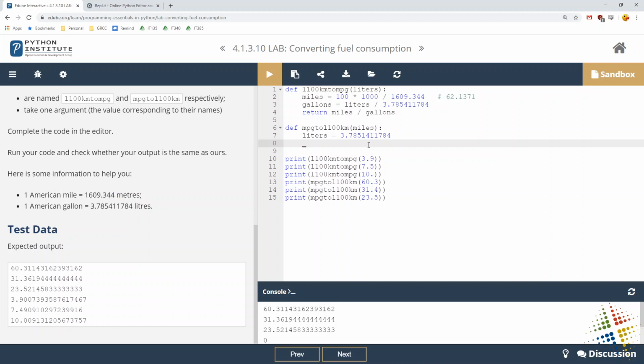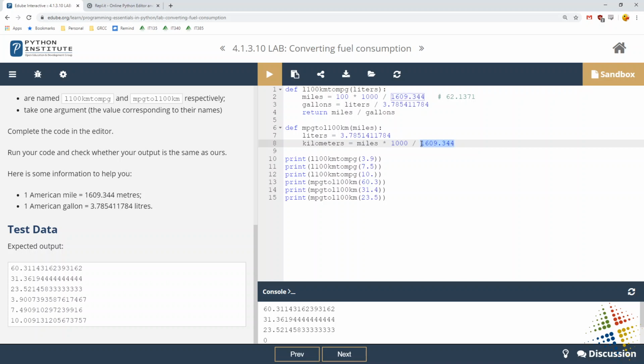So we can go ahead and say kilometers equals miles times 1609.344. More specifically, that's meters, so it actually needs to be 1,000 divided by 1609.344. So that will tell us how many kilometers we've gone.